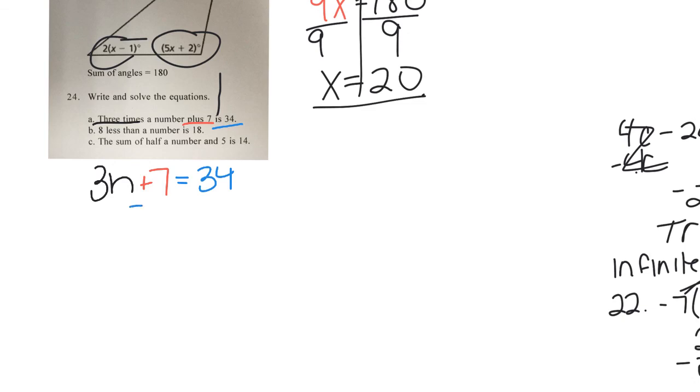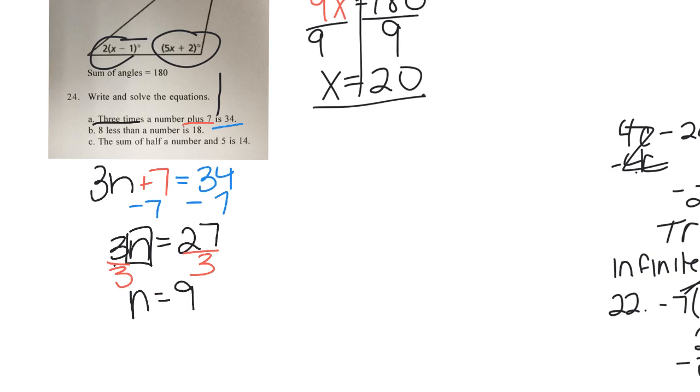And we can subtract 7, and 3n equals 27. And to get n by itself, we're going to divide by 3. So n equals 9.